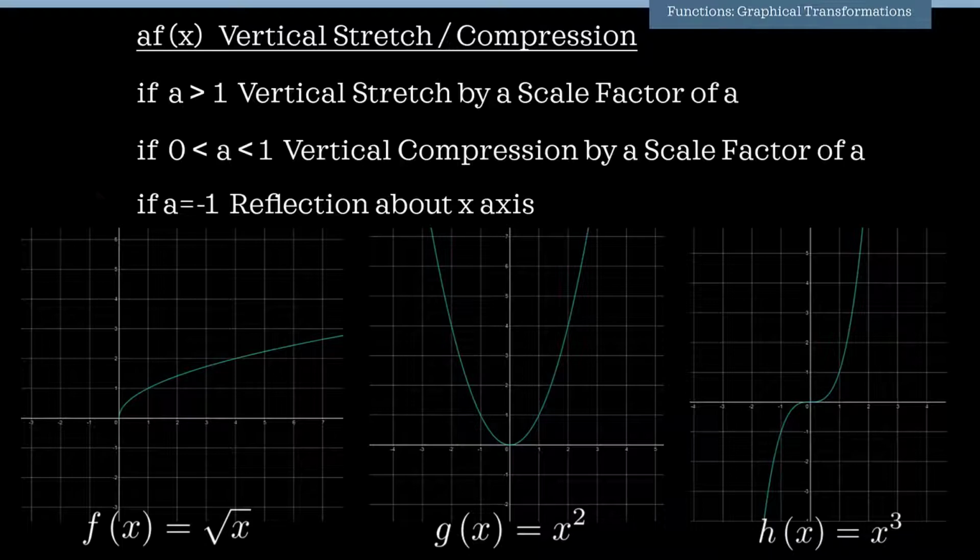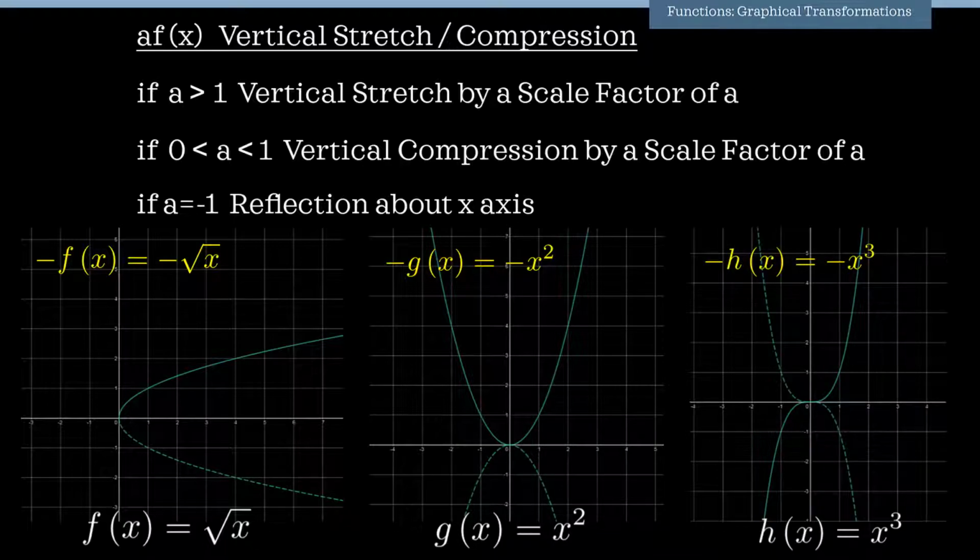Now let's look at the third case, when the value of a is -1. When the value of a is -1, the graph is simply going to reflect about the x-axis. So after this transformation, my graph of -f of x is going to look like this. My graph of -g of x is going to look like this. And my graph of -h of x is going to look like this. And if you can't remember this, you can simply work it out by multiplying each y coordinate by -1.